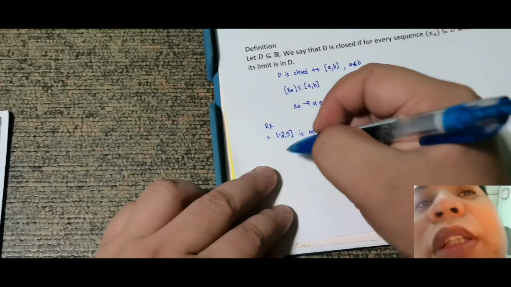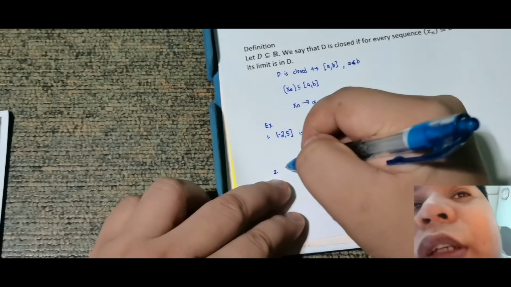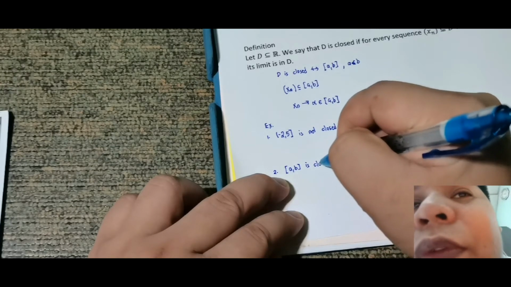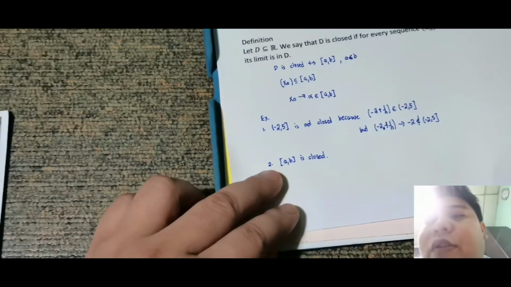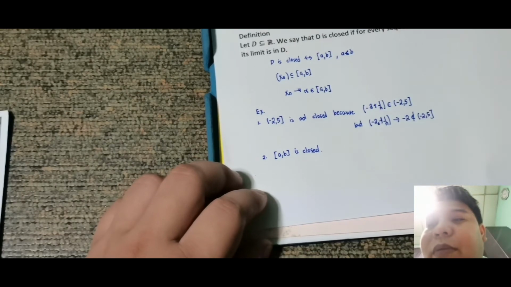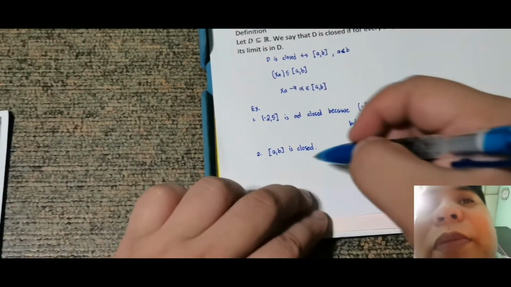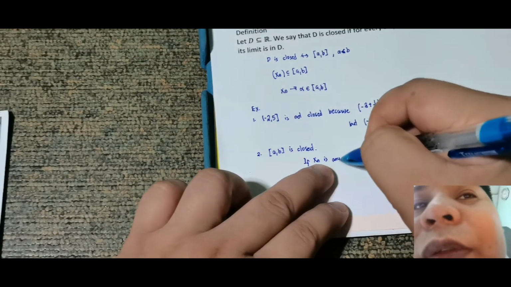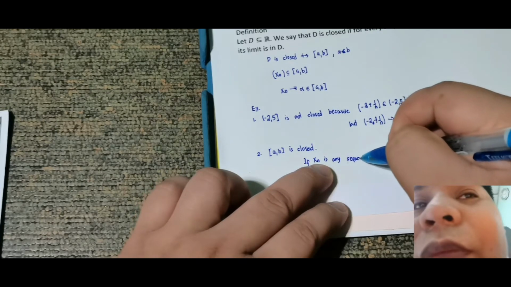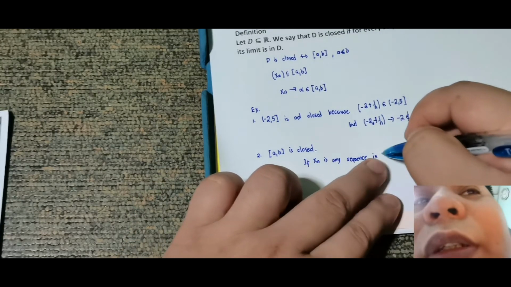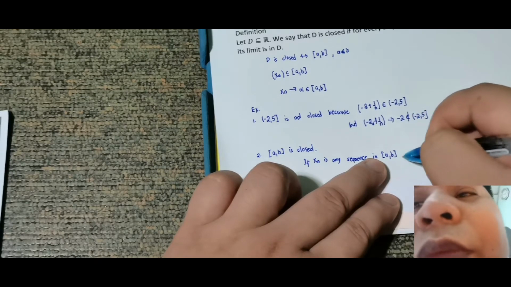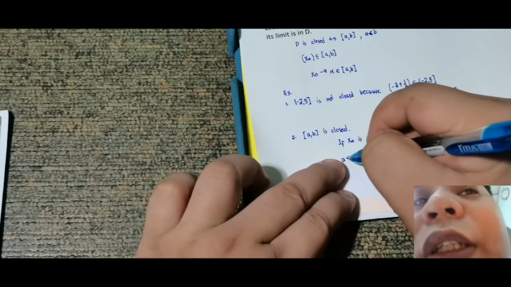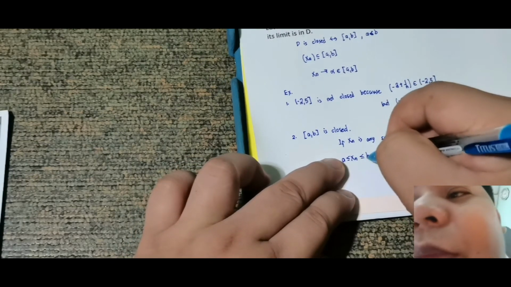Another example, what if closed naman? For example 2, [a, b] is closed, ito nga example ko kanina. Kuha tayo ng sequence, kunwari if x sub n converges, x sub n is any sequence in [a, b], then a is less than or equal to x sub n, less than or equal to b.